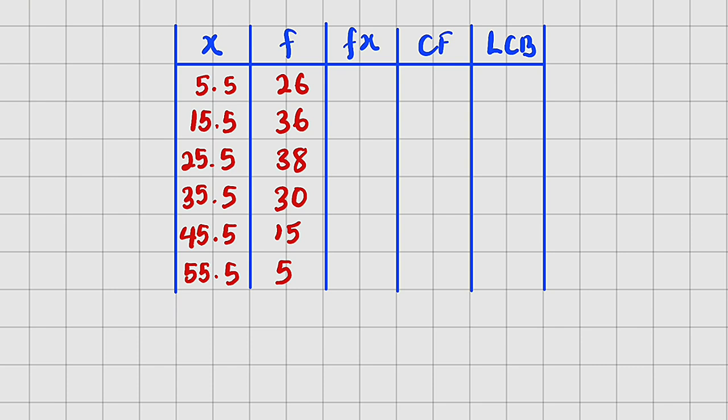That is exactly 143. Then you take 15.5 multiplied by 36. That is 558. 25.5 multiplied by 38 is 969. We take the next one, which is 35.5 multiplied by 30. That is 1065.